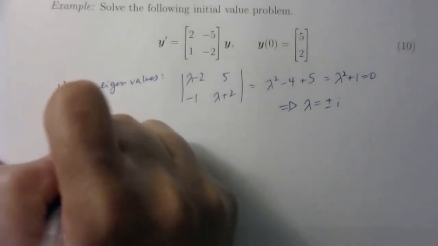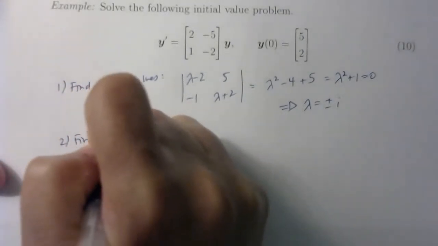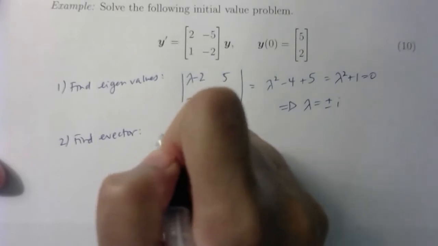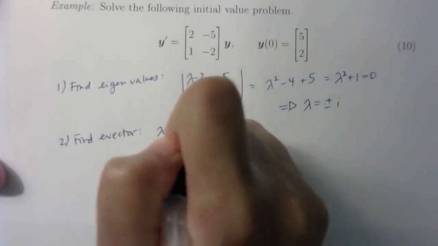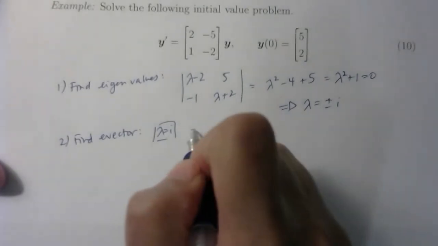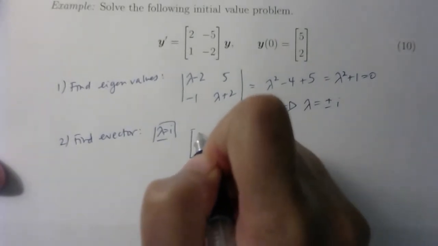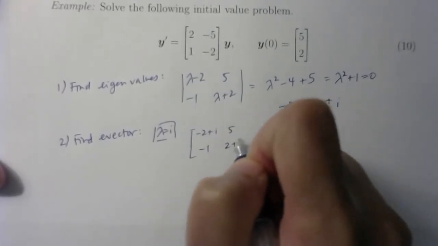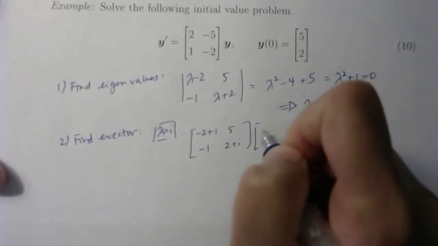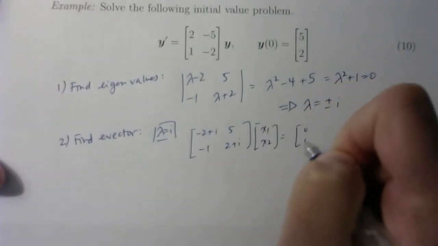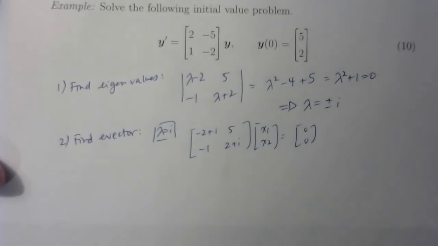So let's find the eigenvectors. In fact, we only have to find one eigenvector because the other one should be its complex conjugate. So if I have that lambda is equal to i, this equation up here starts to look like minus 2 plus i, 5, minus 1, 2 plus i. So that times x1 and x2 should be 0.